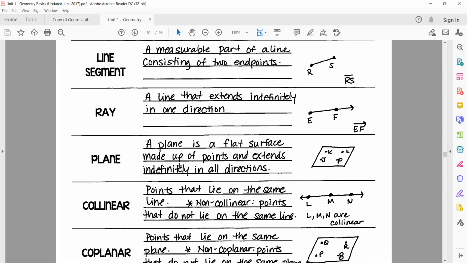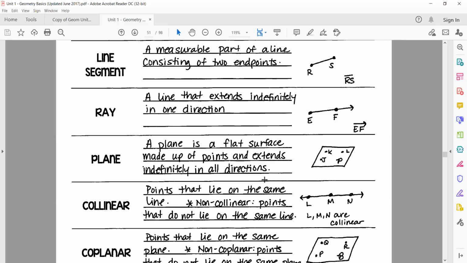It's made up of points and it extends indefinitely in all directions. This is another one of these theoretical things that extends forever in all directions. The thing about planes, if you look at this, they're trying to make it look like a sheet of paper somewhat, or the top of a desk, or some surface that's flat.